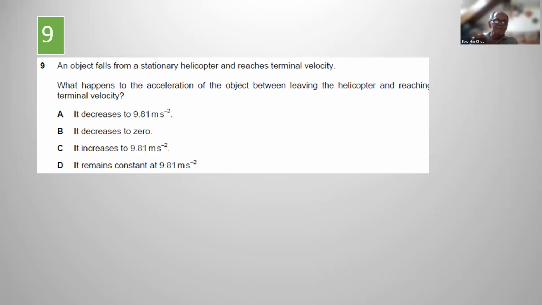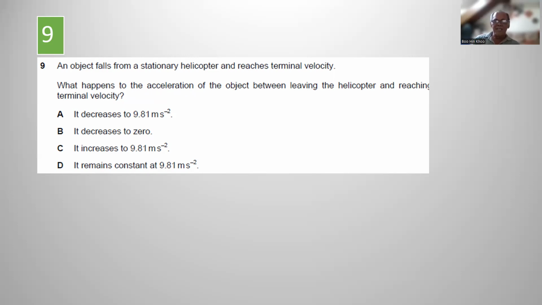An object falls from a stationary helicopter and reaches terminal velocity. What happens to the acceleration of the object between leaving the helicopter and reaching terminal velocity? When you have terminal velocity, it means that you have to consider air resistance.